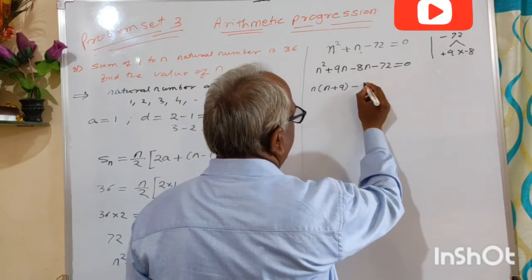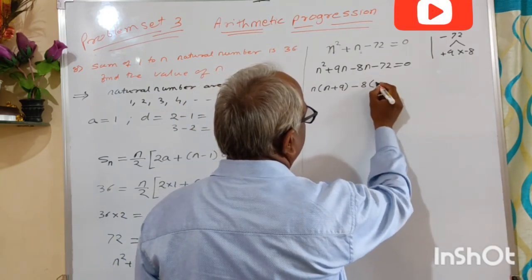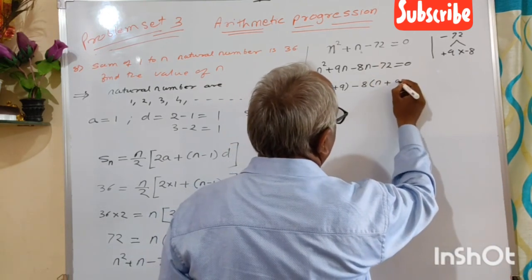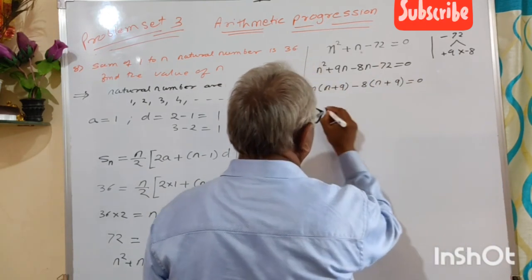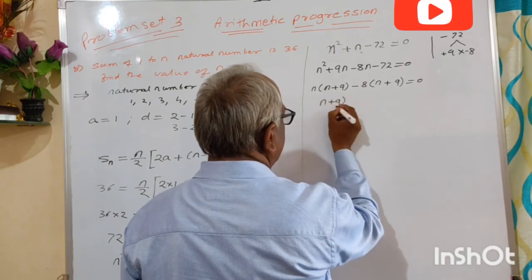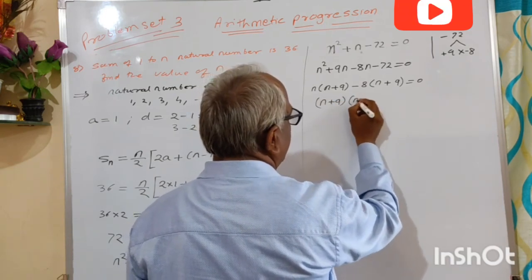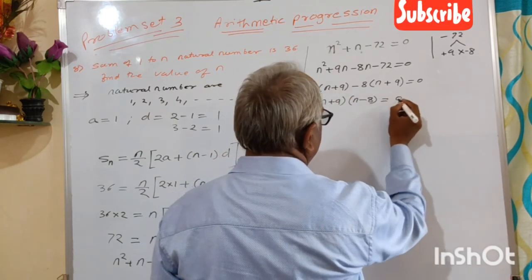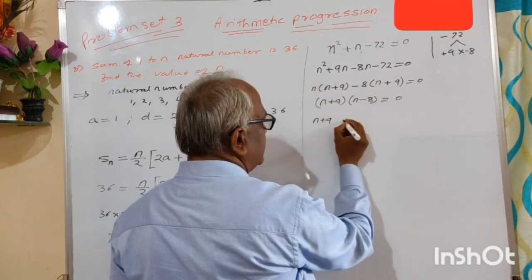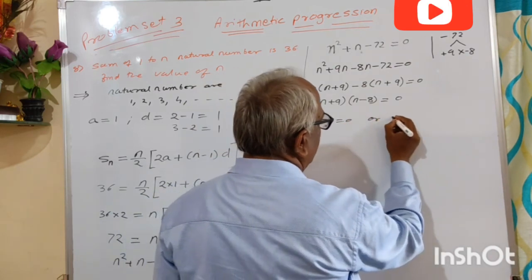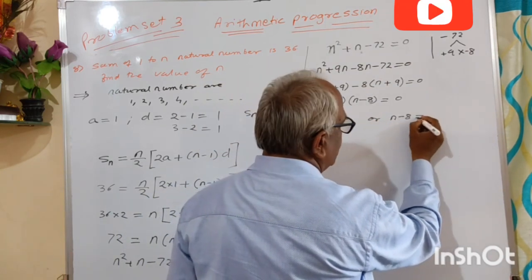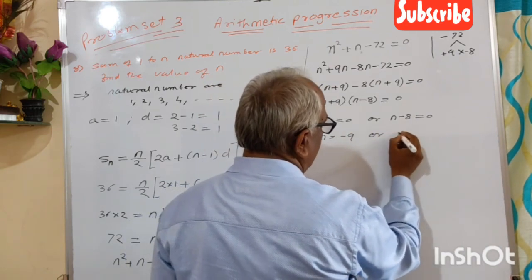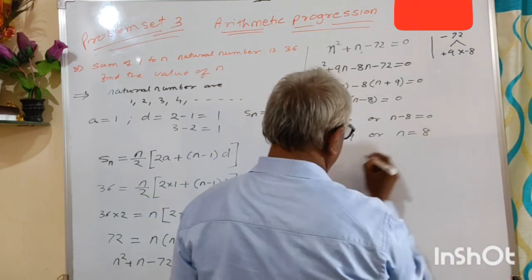From this 8 common, inside the bracket n plus 9, minus 8 into 9 is 72, equal to 0. n plus 9 in one bracket, in another bracket n minus 8, this is common, equal to 0. n plus 9 is equal to 0 or n minus 8 is equal to 0. n is equal to minus 9 or n is equal to 8.